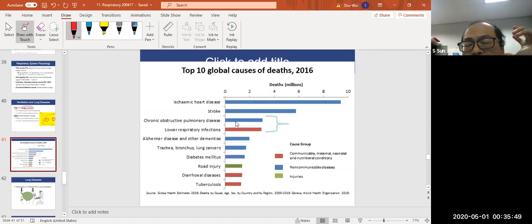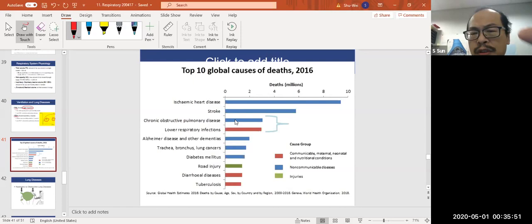Earlier I showed you the top 10 causes of death in America, and if you remember, the major three diseases are cancer, stroke in the brain, and heart disease in the heart. So cardiovascular disease plays an important role in causing death in America. Stroke and heart disease are cardiovascular diseases.